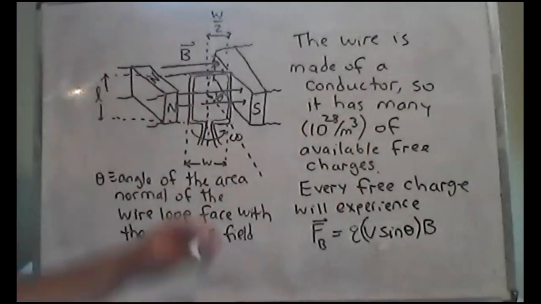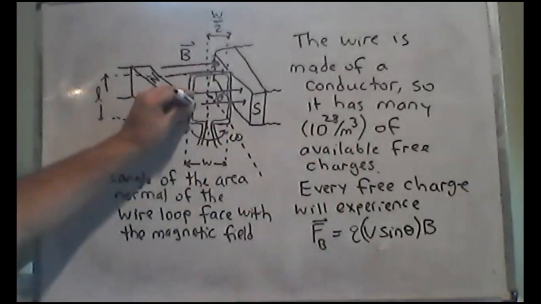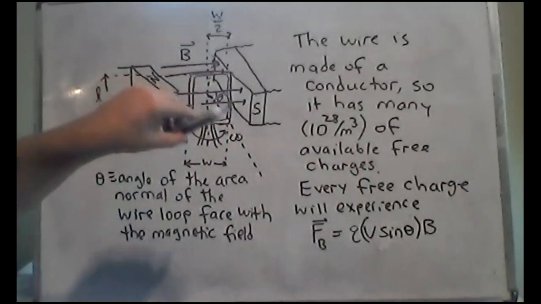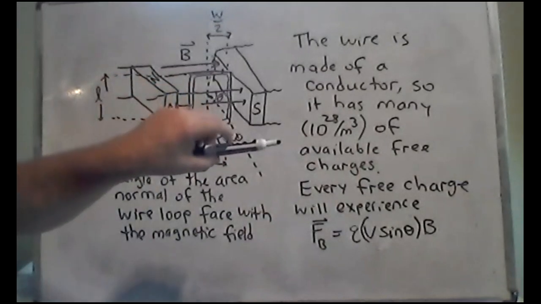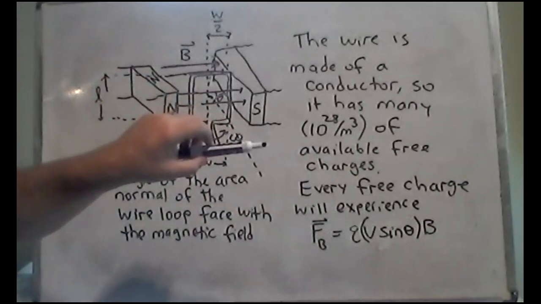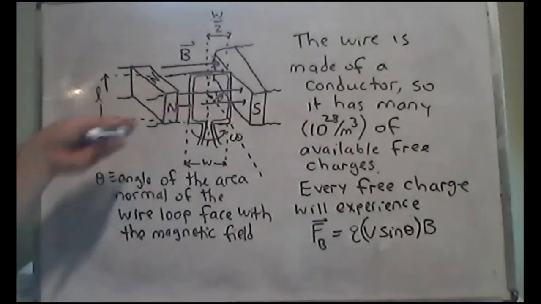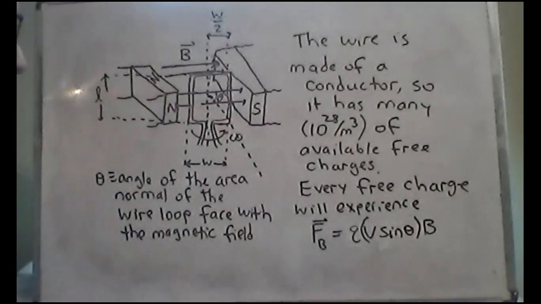When it's coming straight at you like it is right now, sine of theta is sine of 90, a maximum. However, when it comes all the way around and points along with the magnetic field, they're aligned and it's zero. It goes through zero, then a maximum, then zero, and so on. So the portion of the velocity of this individual electron that matters is its component perpendicular to the magnetic field.